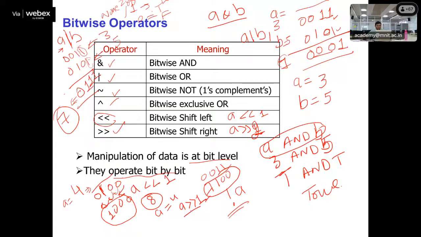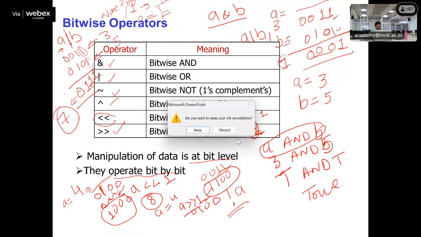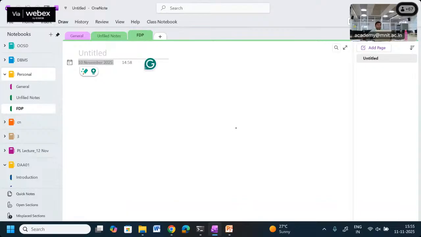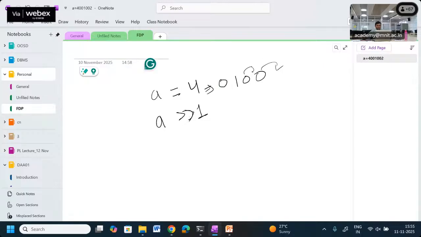So in this case, A is taken as 4, with binary representation 0 1 0 0, and making A shift right by 1 bit, this will go here, this will go here, this will be shifted. Shifting 1 bit right, this comes to this place 0, this comes to the second place, this comes to the third place, and here this will be 1. So we get 1, 2, 4, that is 4 plus 2, 6.